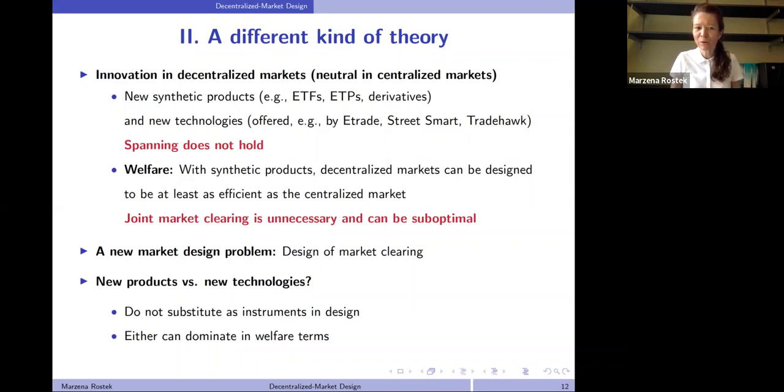Hence also numerous invariance results in the literature. In practice, other than for tax-related purposes, traders choose new products or new technologies, either to improve information, to hedge events they couldn't hedge before, or to improve liquidity, to lower their price impact.